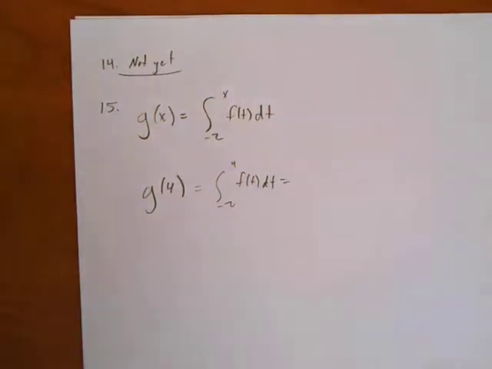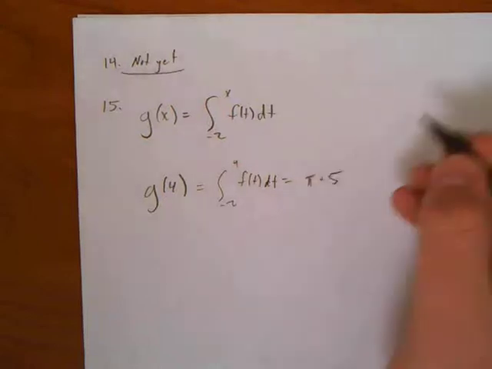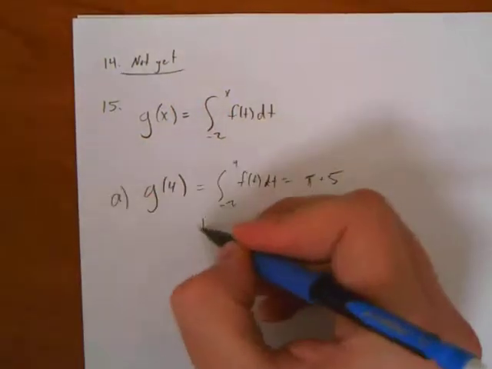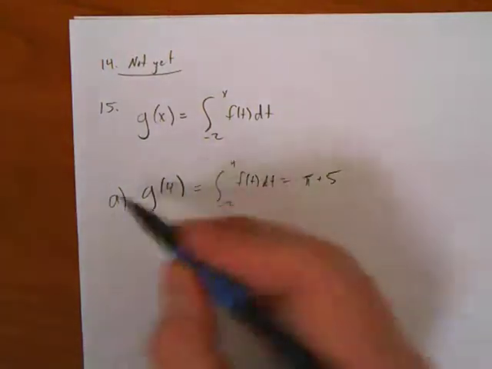And what that's going to be is it's a quarter circle, a rectangle, and 2 triangles. And if you add those up, you get pi plus 5. So A is true. And again, we're looking for the false one. So we do not want A.